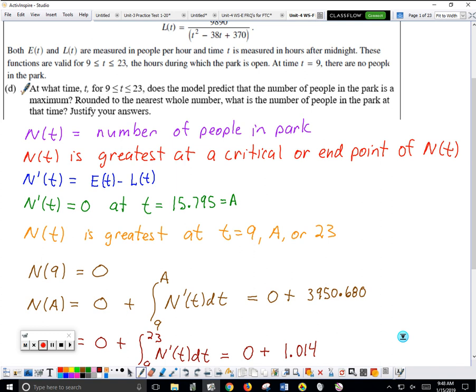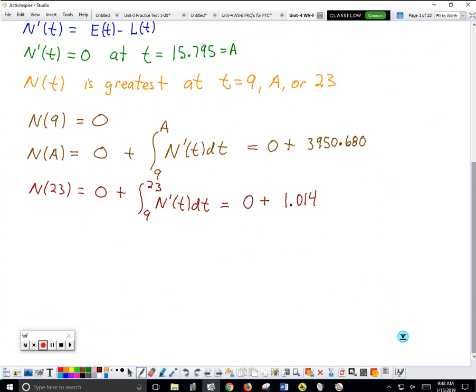So I'm going to come down here and write at t equal 15.795. They didn't tell me to round it, so I won't round. The units are hours. At t equal 15.795 hours, n of t is greatest. And they do want the number at that time rounded to the nearest whole number.